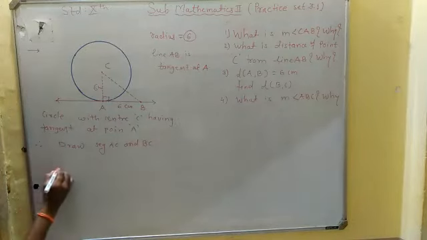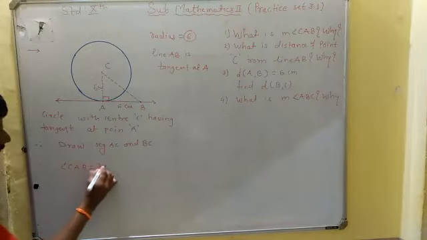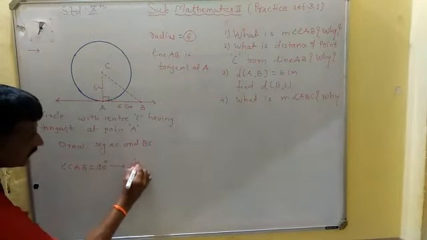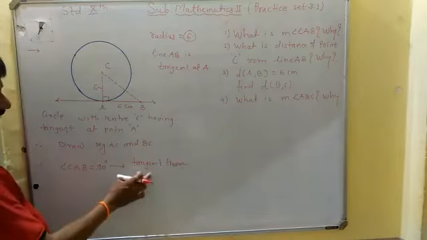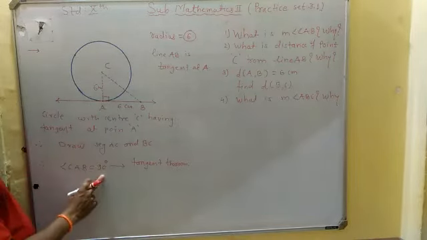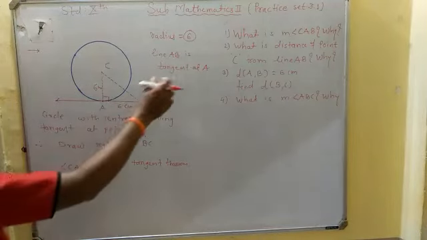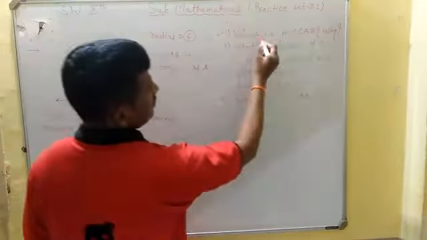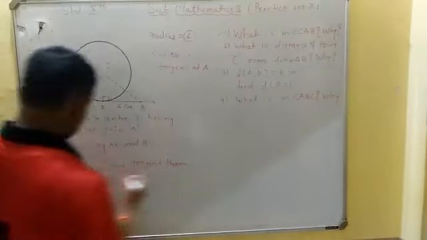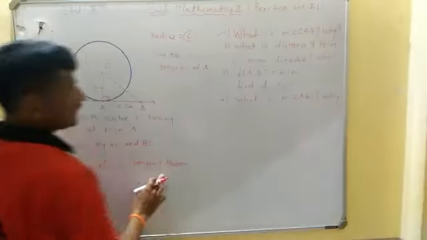Therefore, angle CAB is equal to 90 degrees. Give as the reason the tangent theorem. So for the first part, angle CAB is 90 degrees and the reason is the tangent theorem.